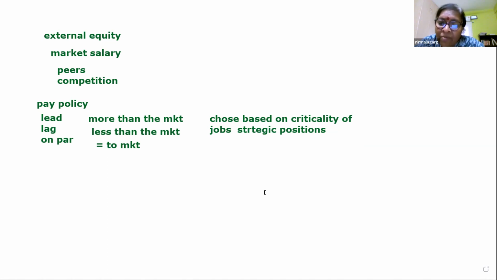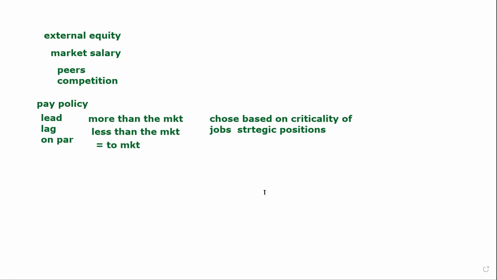I can do with average talent. So what will I do then? I'll pay less than the market. I'll pay the 60th or 70th percentile for my support functions like HR, finance, administration. Got it? And some say IT support, etc. I'll say no, I need that because it is important, so I'll pay as per the market. Are you understanding the strategy?